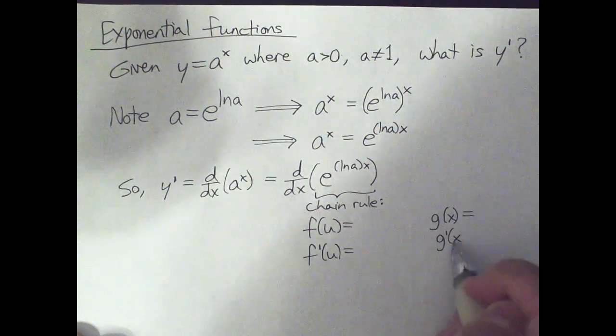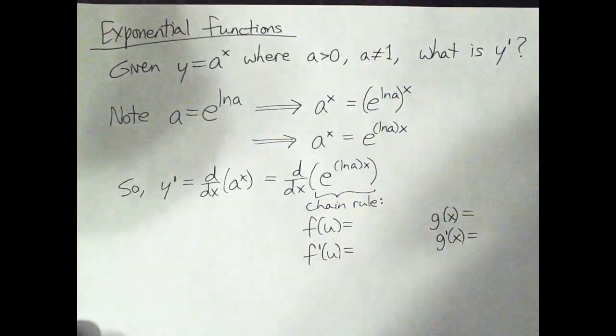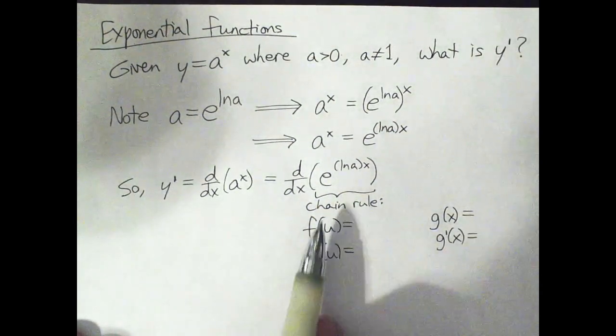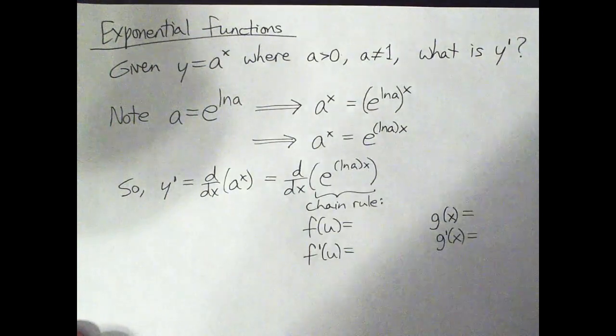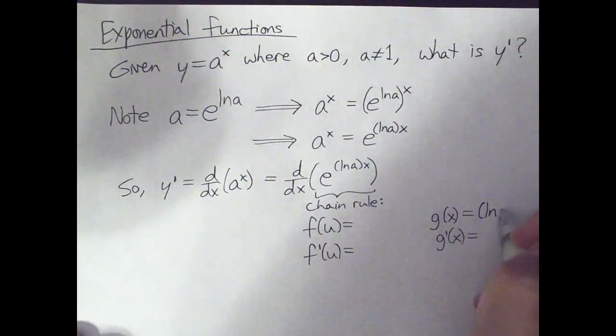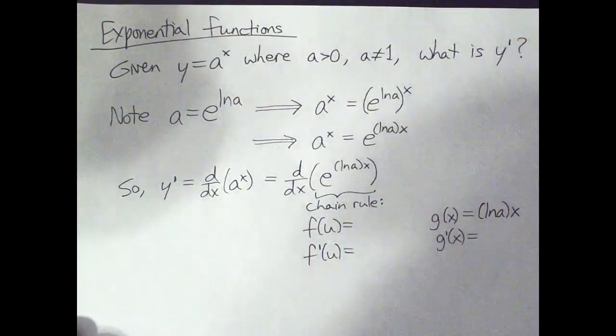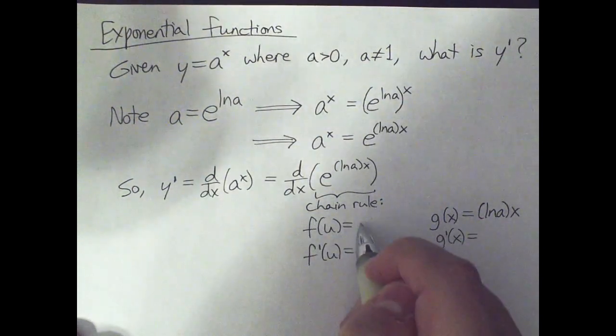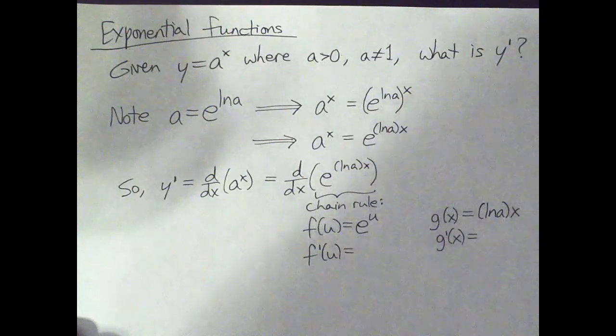We said the inner function could be in parentheses, under a square root, in an exponent. So I'm going to say that the entire exponent here, the ln a times x, that's my inner function. My outer function is e raised to a power, so e to the u.